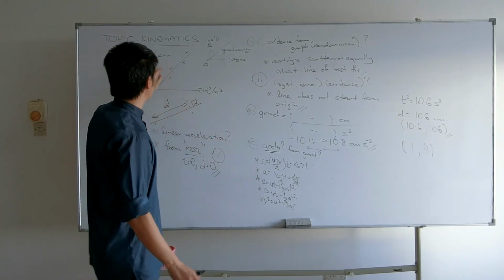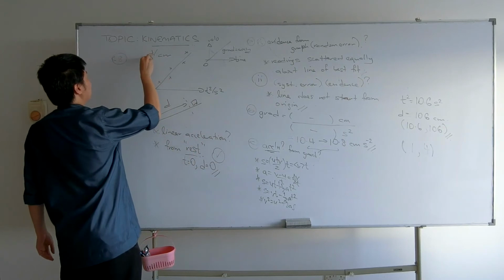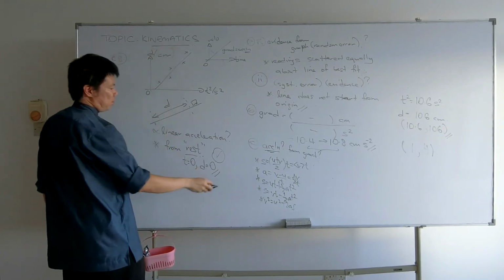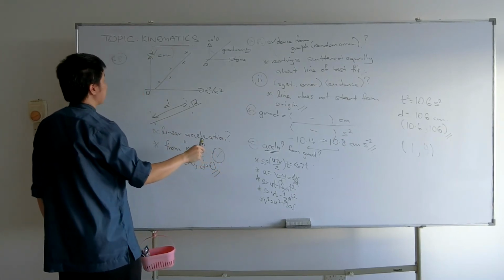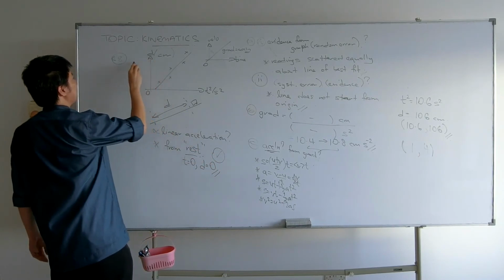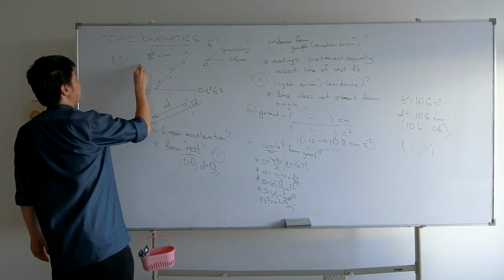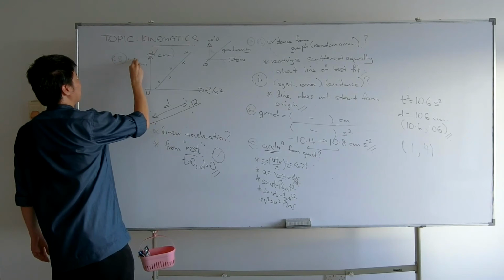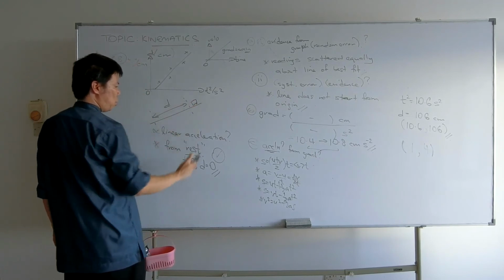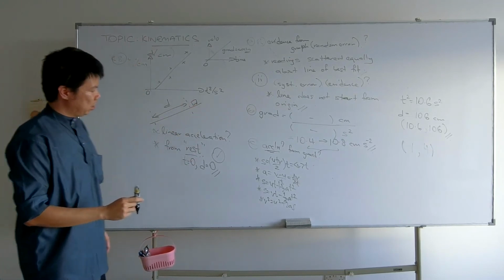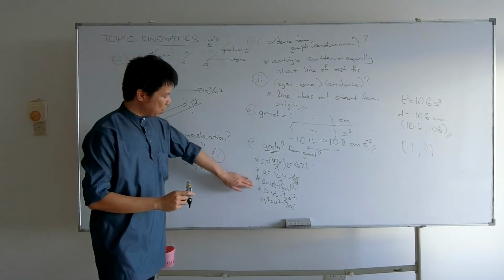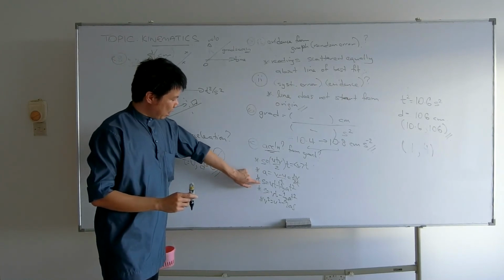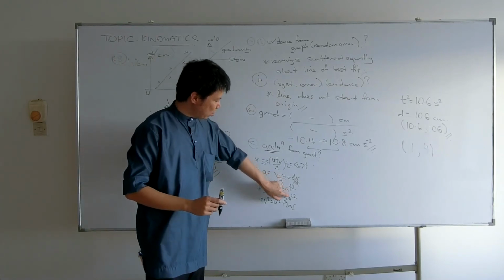Let's change distance to a variable that you recognize. In this case, S in centimeters against T squared. You can already notice there's only 2 equations with S against T squared.